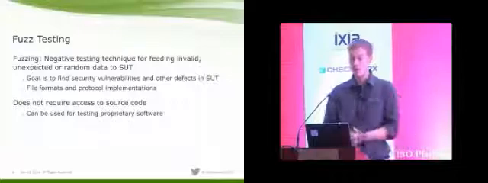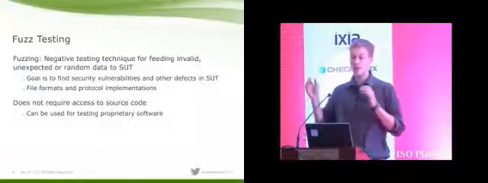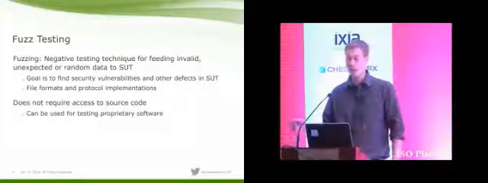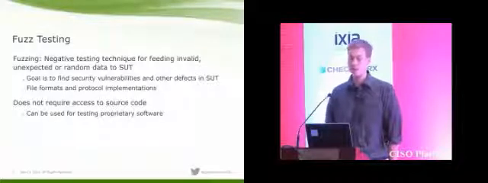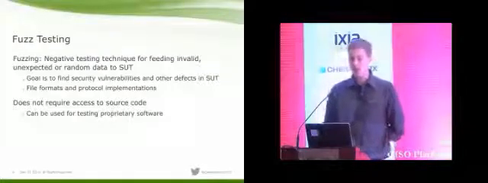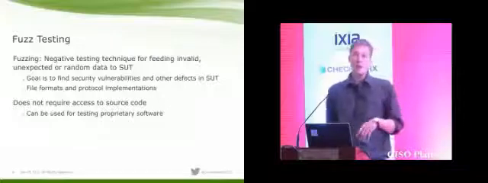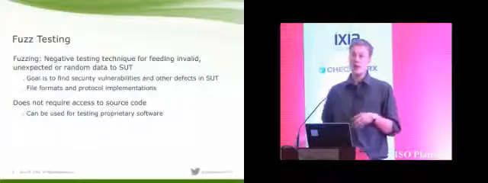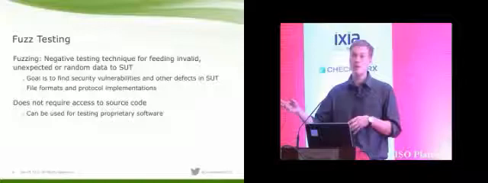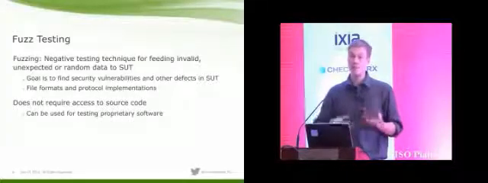So what fuzz testing is: it's about automatically sending anomalous data to the target system. SUT is system under test, so it's the target system. Usually file formats and protocol implementations are fuzz tested because in those cases you cross the trust boundary: you take data from some untrusted source and process that.